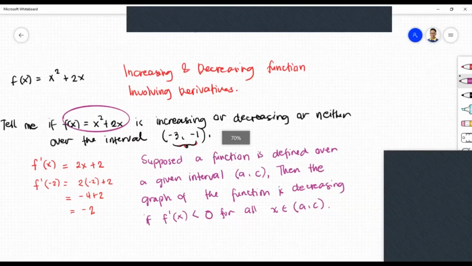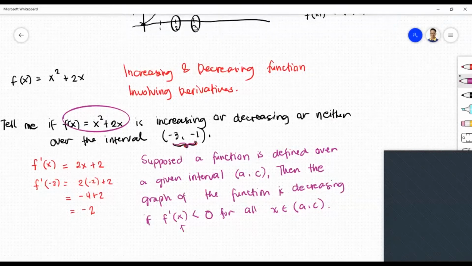And if you notice, kaning x guys is the representative that is actually picked from the given interval. So that's why, for example, it says here nga dapat siya ang derivative is less than 0 sa tanang x nga imong i-pick nga naa sa interval nga AC. So kani nga x guys is coming from this interval here. So in this example that you see here, the x that we pick is the -2 which comes from the interval that we have here.